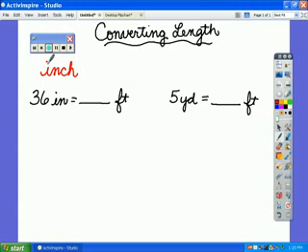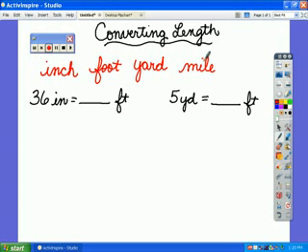And then for a foot, we're going to use our forearm. So show me a foot with your forearm. That's about a foot. And then for a yard, you want to use your leg. So show me a yard. And then the last thing is a mile, which is pretty far away. So it's a really big measurement. So we just wave goodbye. Okay? So that's the next part.